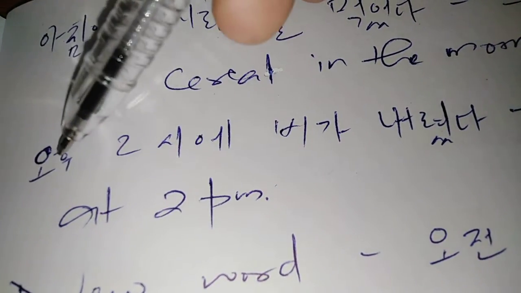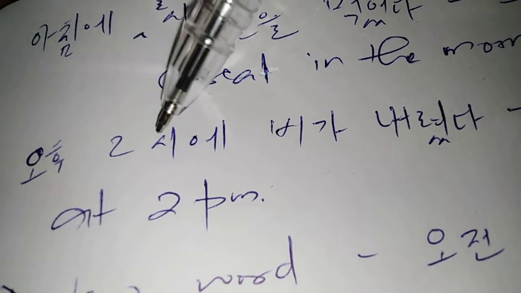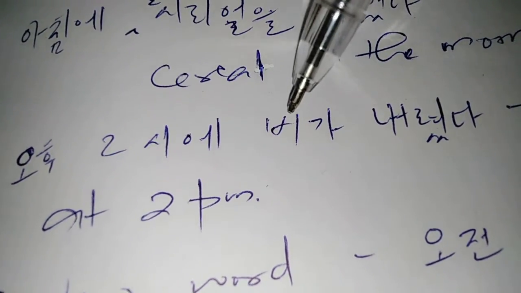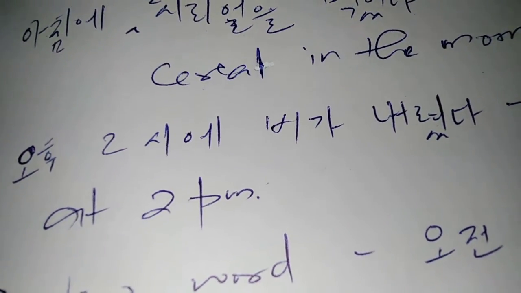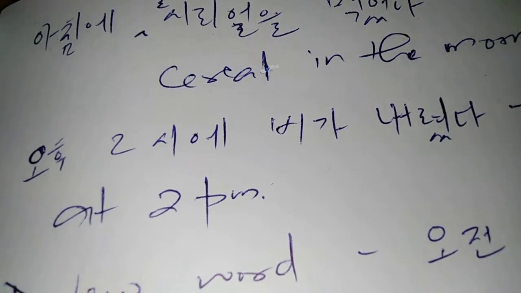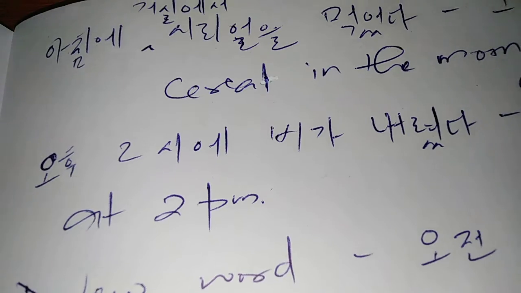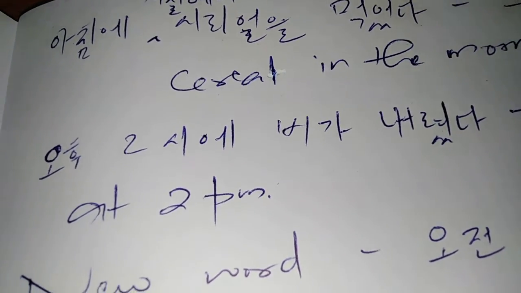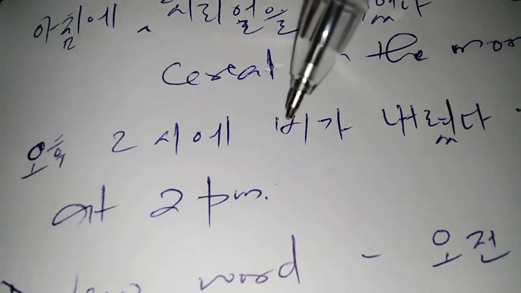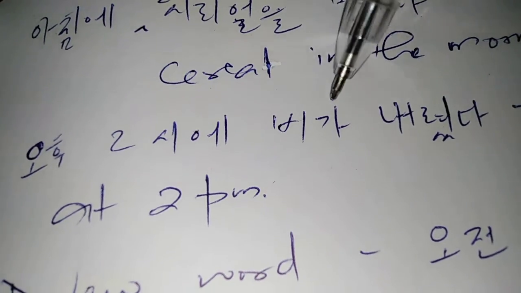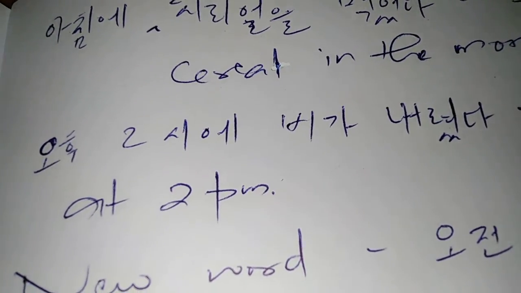So we have PM, 2 o'clock, rain, came. That's what is literally written here. So, it rained at 2 p.m. 비 means rain and 가 is the identifier particle here.